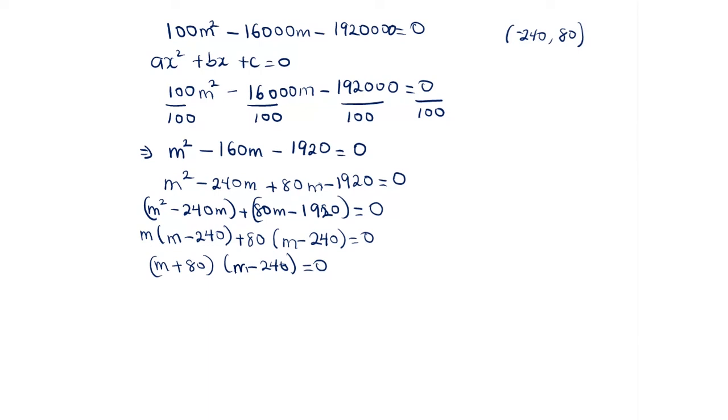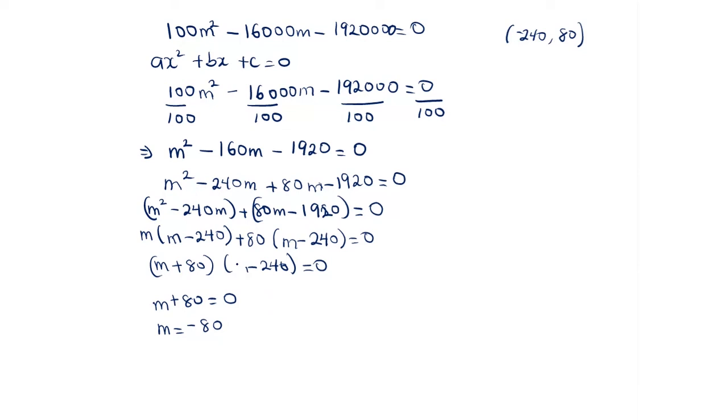Good. We are looking for the value of M. So we pick the first bracket, equate it to 0 and make M the subject. M plus 80 equals 0. Then we move the 80 to the other side of the equation to become M equals negative 80.